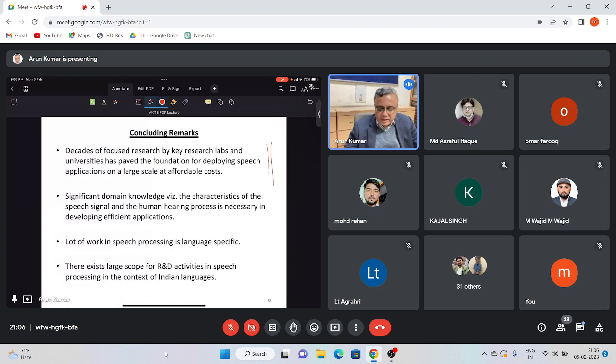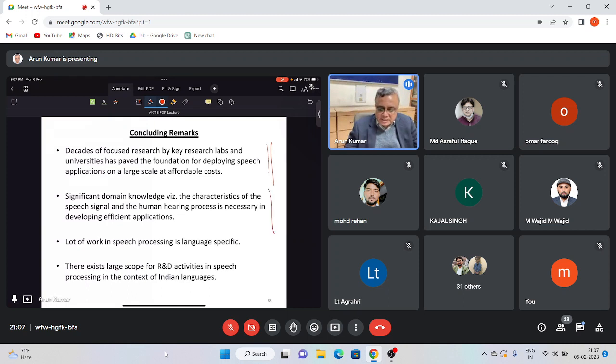We are all aware and have used speech applications at some point or another, whether dictating what you want to type on your phone, or listening to the computer speak out. And these have improved drastically in the last decade, which is why it is now being used on a wide scale by the general public.